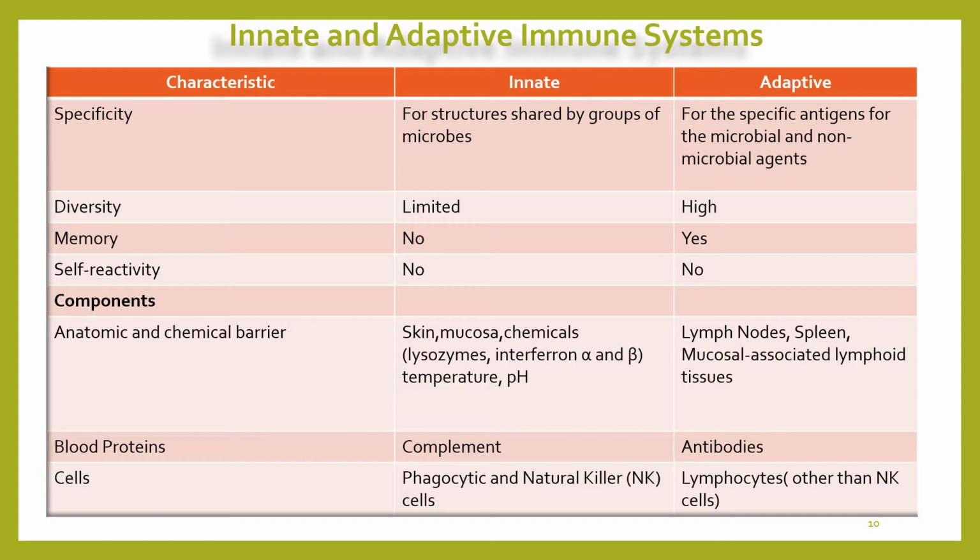So what are the components? First, the anatomic and chemical barriers of your innate immune system. Your skin covers our body externally. Your mucosa covers internally. The chemicals in our blood, like lysozymes in white cells, interferon alpha and beta, and even temperature are a type of defense mechanism.